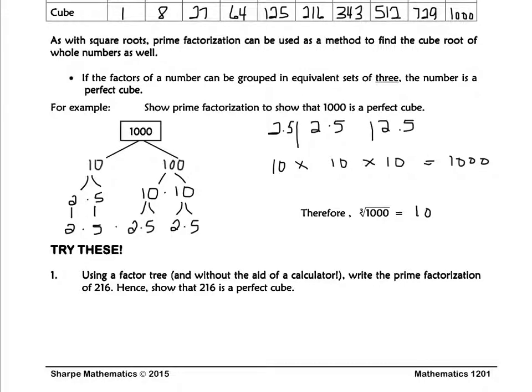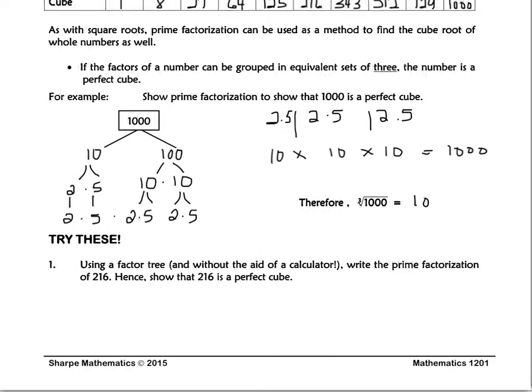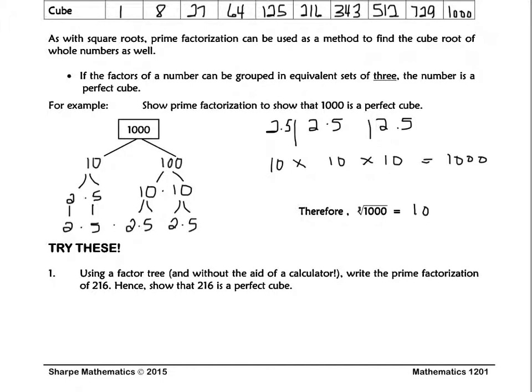So if we take that process now and use prime factors to help us find the cube root of 216. We can start off with 216, 3 goes into that. 3 goes into 21 7 times and 6 2 times.